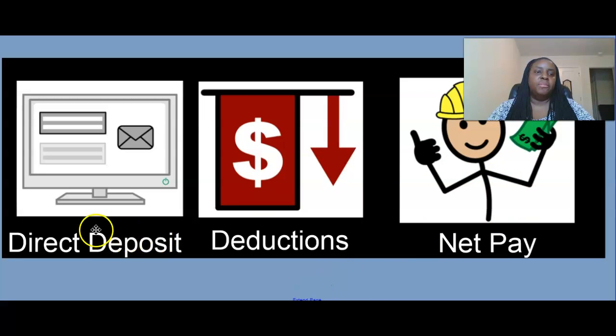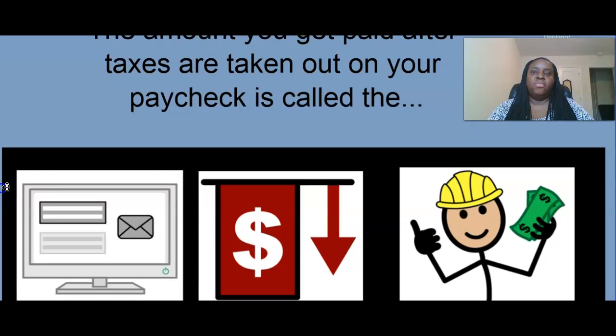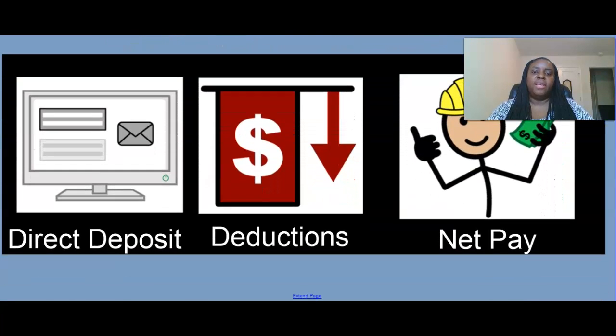The amount of money that is taken out of your check to pay your taxes: deductions, net pay, or direct deposit. If you chose deductions, you have chosen the correct answer.